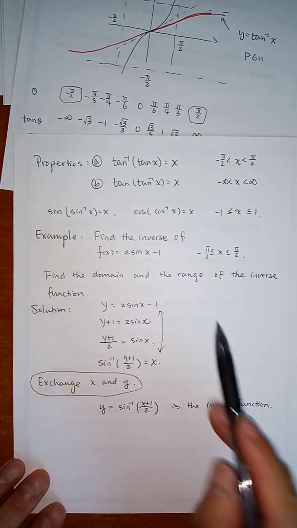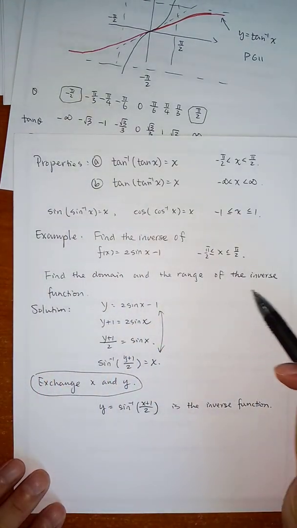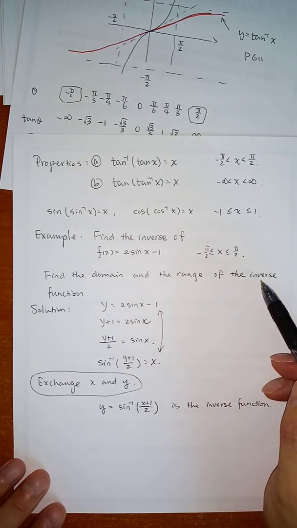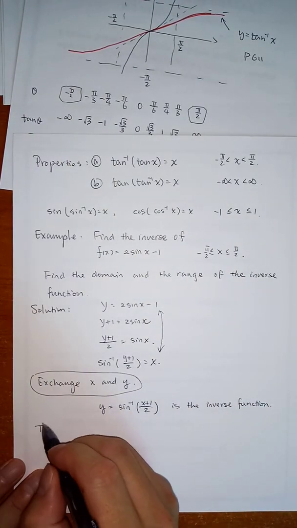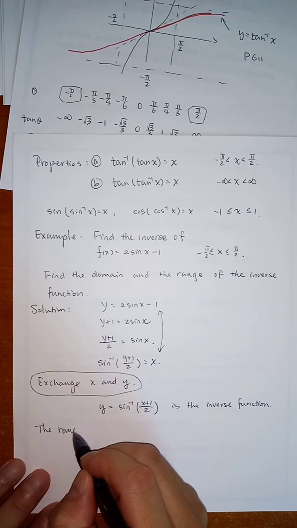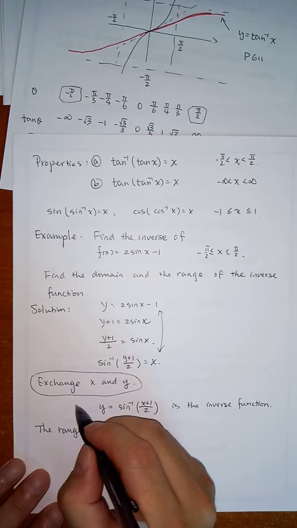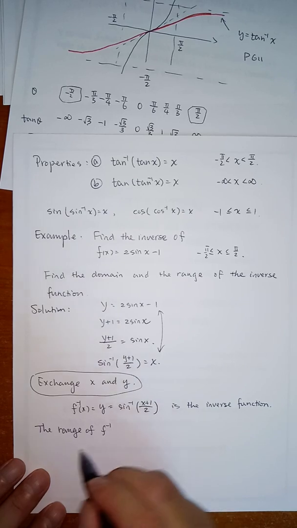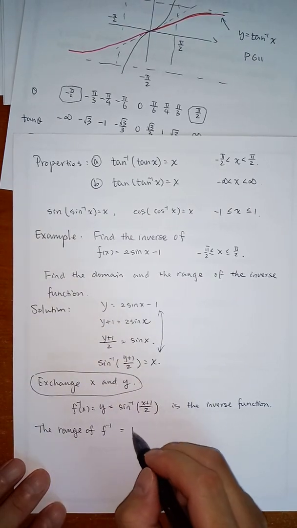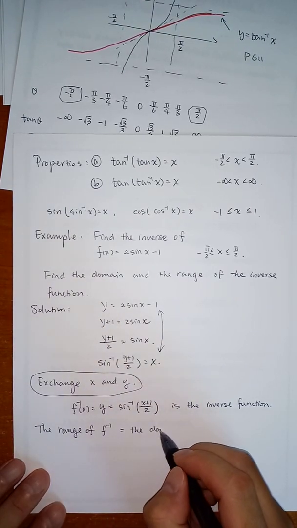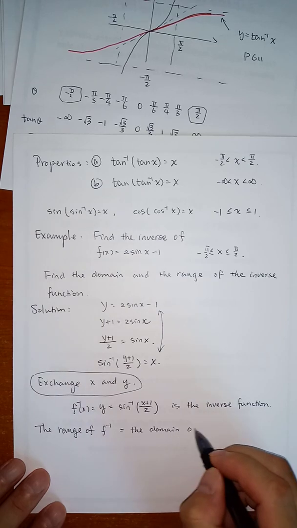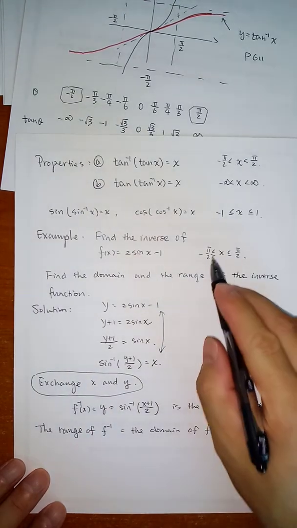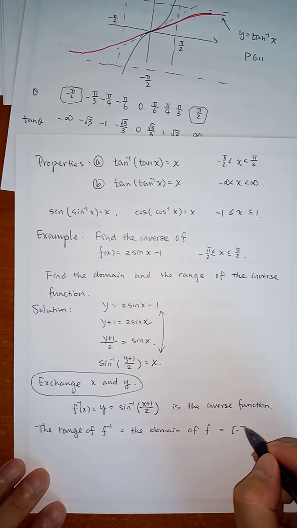And second part, find the domain and the range. The range of F inverse is equal to the domain of F. The domain of F is negative pi over 2 to positive pi over 2.